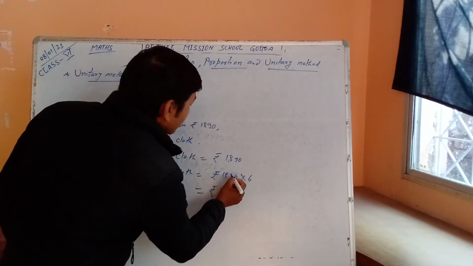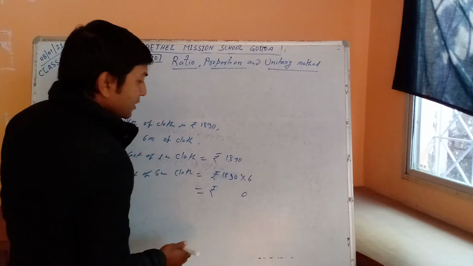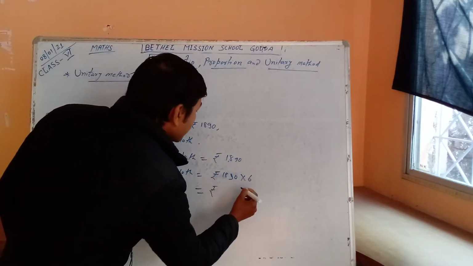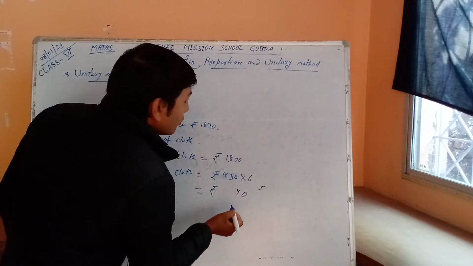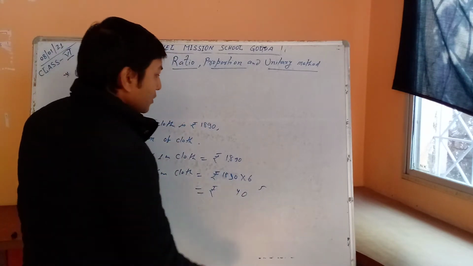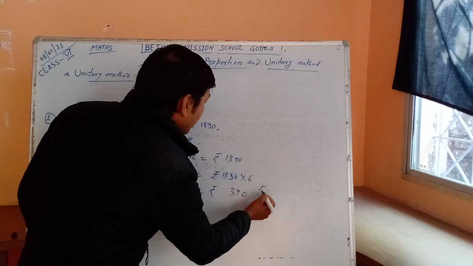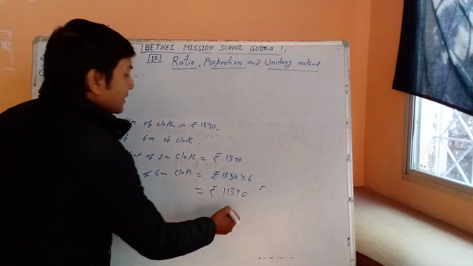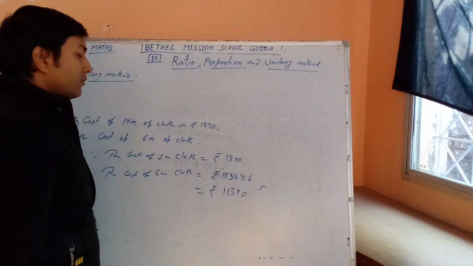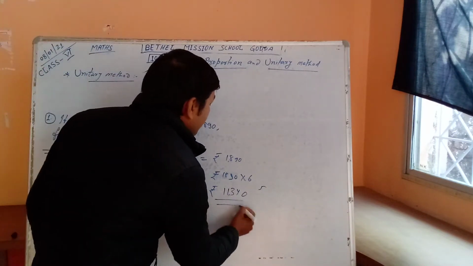Multiplying: 6 times 9 is 54, 6 times 8 is 48, and so on. 11,340 rupees is the answer.